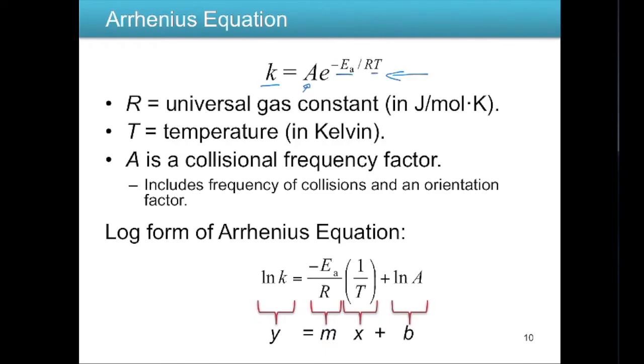Another useful form of the Arrhenius equation is the log form, which is at the bottom, and as with other equations we've seen in both this chapter and chapter 11, it ends up being in the form of a straight line. So our natural log of K is the Y, activation energy over the gas constant is M, temperature is X, and the natural log of A is the Y-intercept.